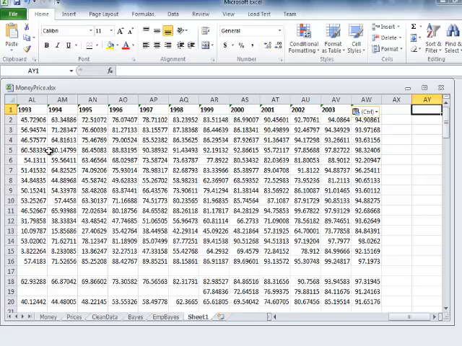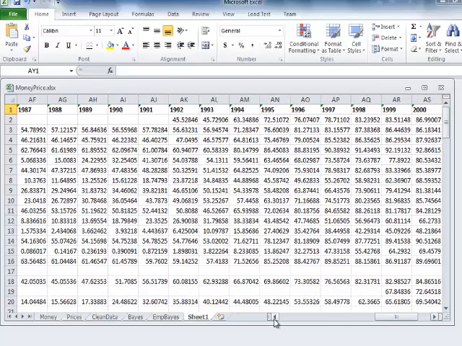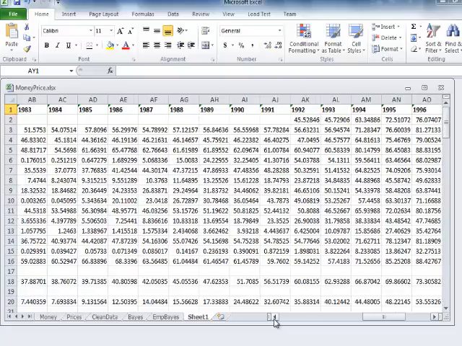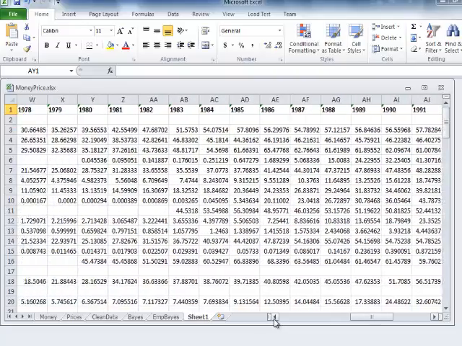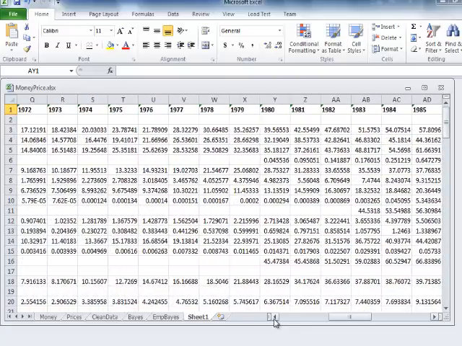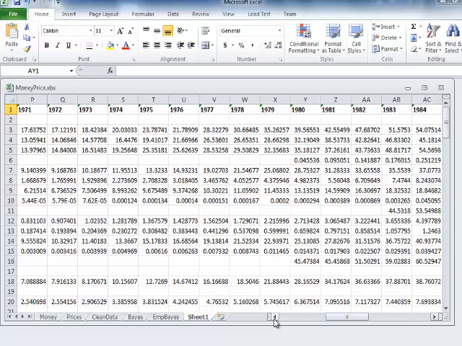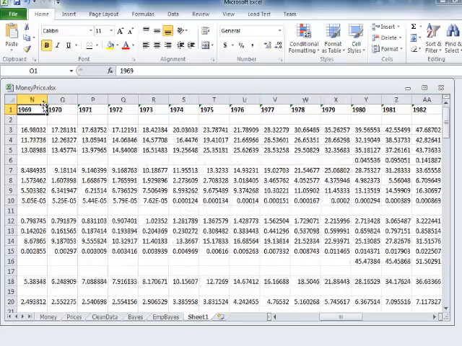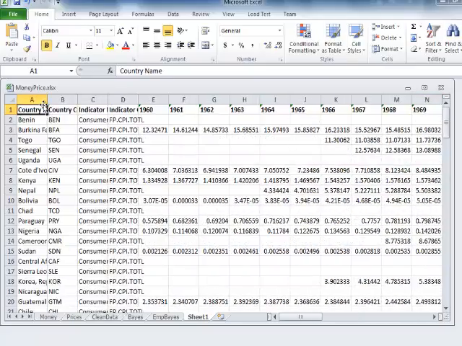One way to take care of missing data is to sort. When you sort the countries, the missing data all comes out in one place, and then you can delete it. Otherwise you have to go row by row and delete, which is a painful process.